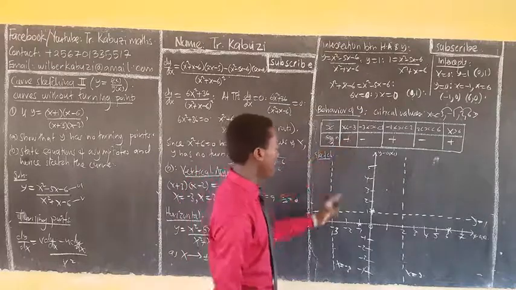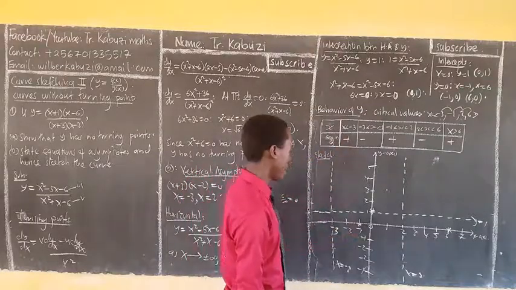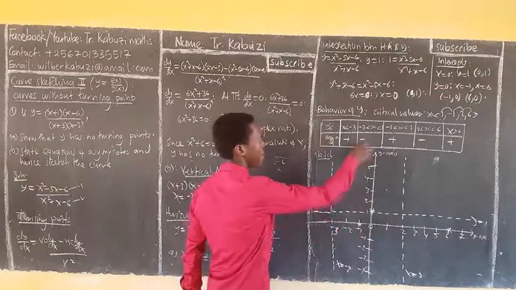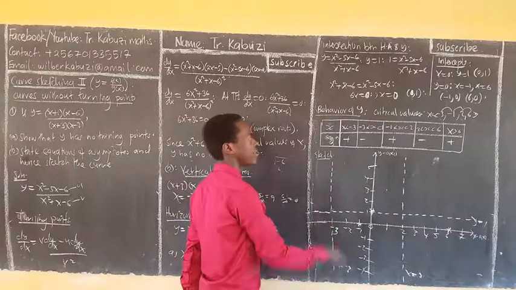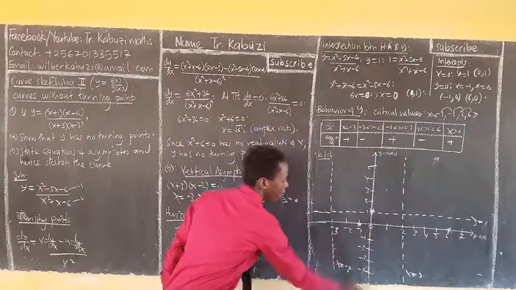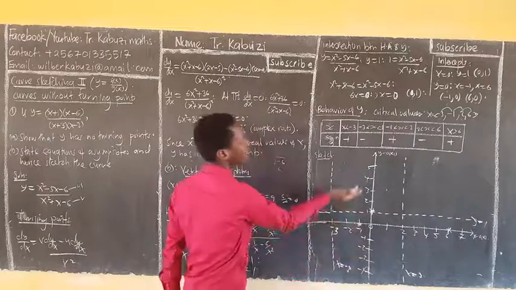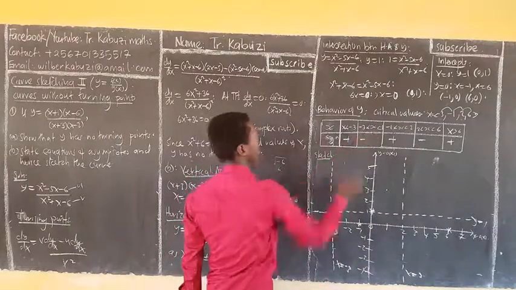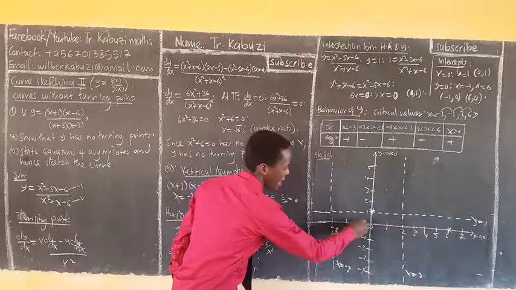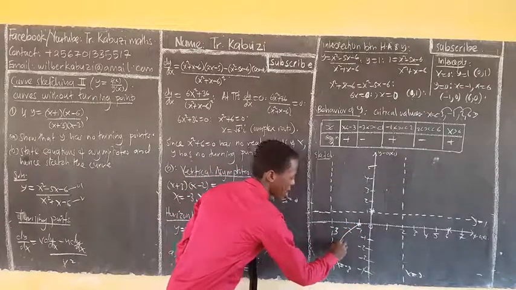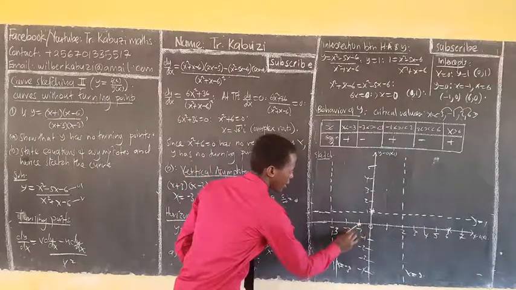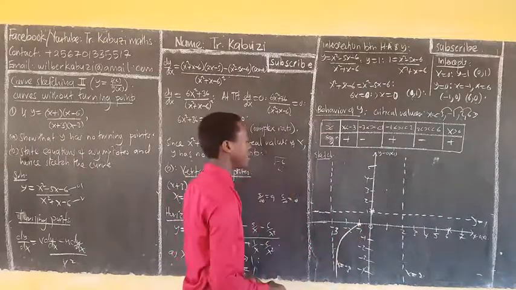Between negative 3 and negative 1, it's negative, meaning it's below the x-axis. Negative y values are below and positive are above the x-axis. Because there's an intercept there, it comes and rises along that asymptote, like that.